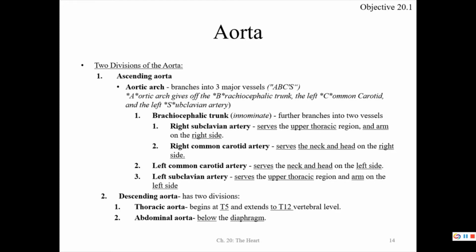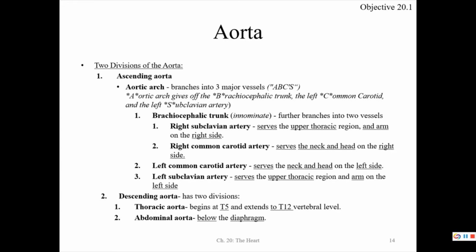I probably should just put the aortic arch in the middle, but I was trying to be consistent with both lab and lecture. It's not a major deal which subsection it is. What's important to know is what comes off of it, and the arch is the bridge between the ascending part and the descending part.